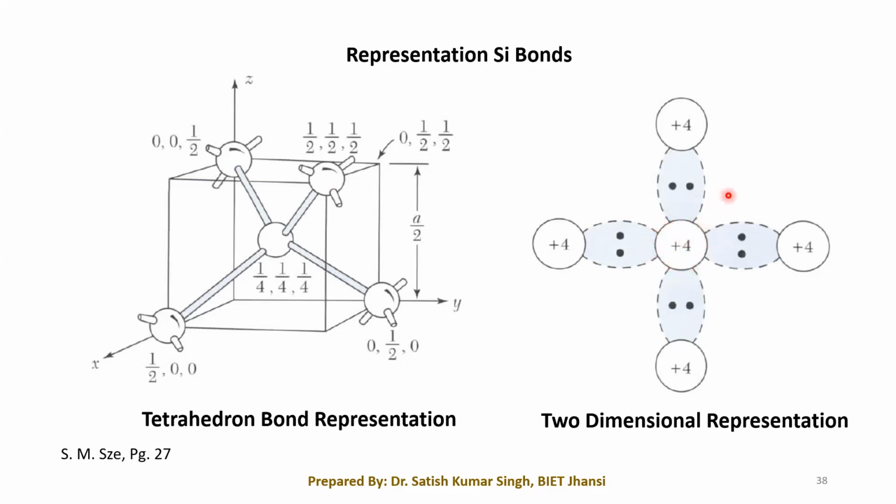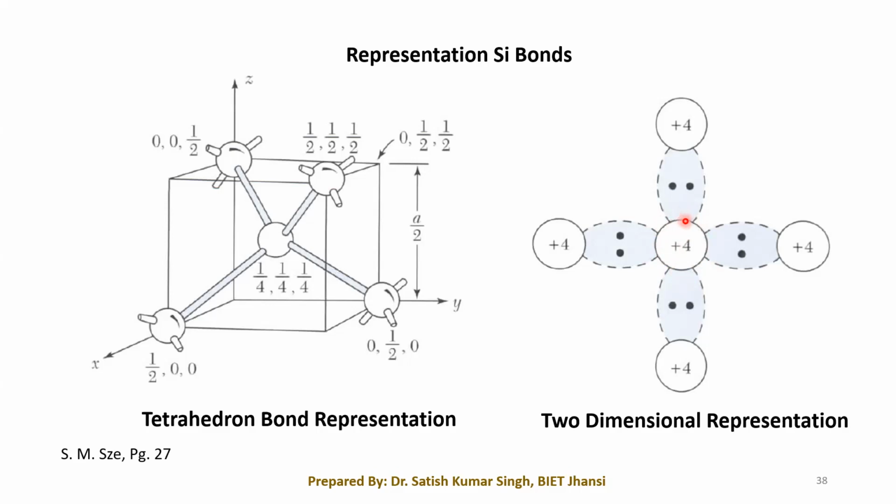So if you take the total positive charge as plus 14 and then the minus 10 negative charges, then the net charge that will be developed is plus 4. So that's why we show it as plus 4. This circle represents the inner shells plus the nucleus, and therefore it is written as plus 4 everywhere for silicon.